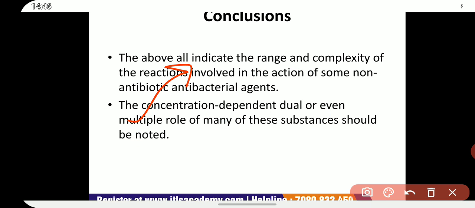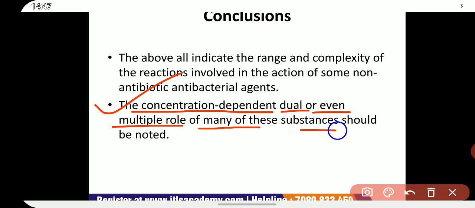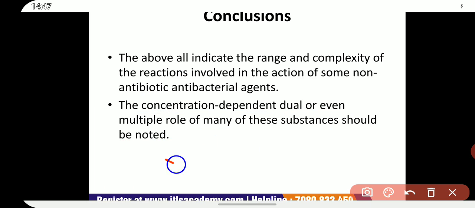If bacteria are surviving, they will inhibit the survival of bacteria. So these are known as antibacterial agents because these are against bacteria. The concentration dependent, dual, or even multiple role of many of these substances should be noted. This was the conclusion of the chapter we have studied.